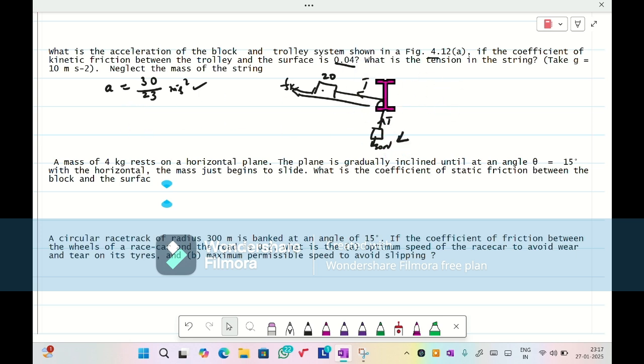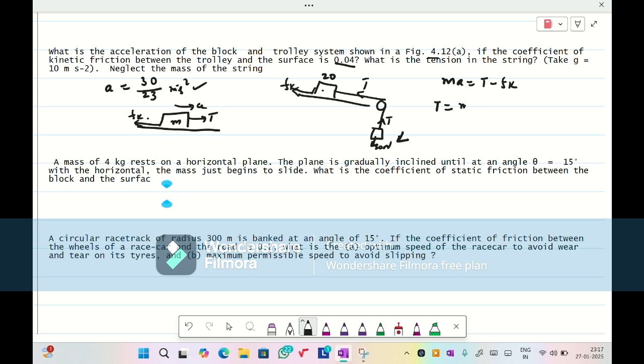So on the 20 kg, take the free body diagram. This is the tension and acceleration, and friction Fk is in this direction. For mass 20 kg, write the equation: Ma is equal to T minus Fk. Now we need to find the tension T. T is equal to Ma plus Fk.